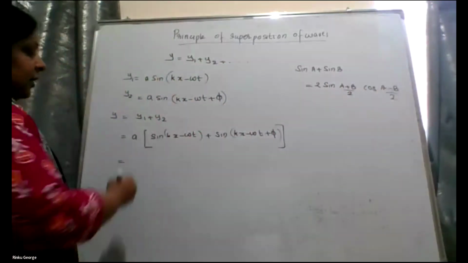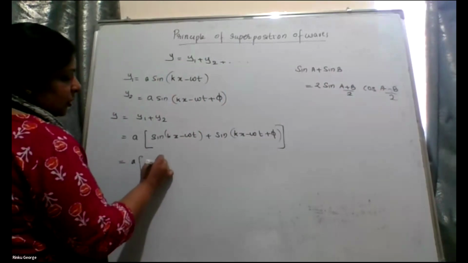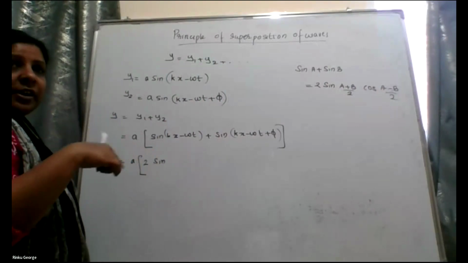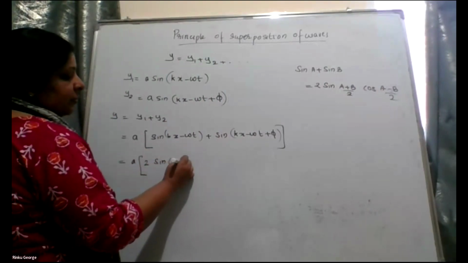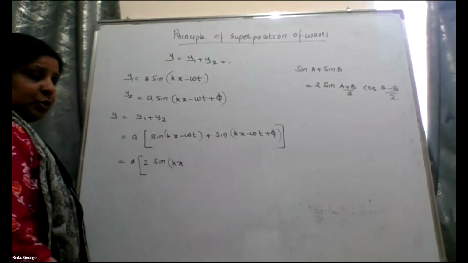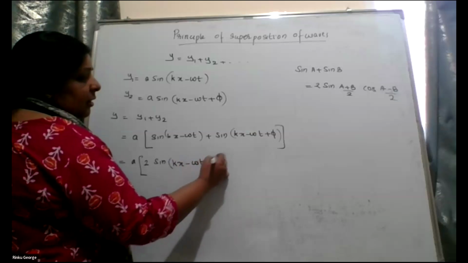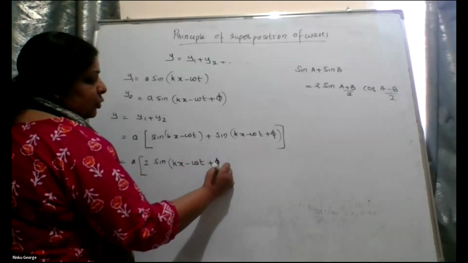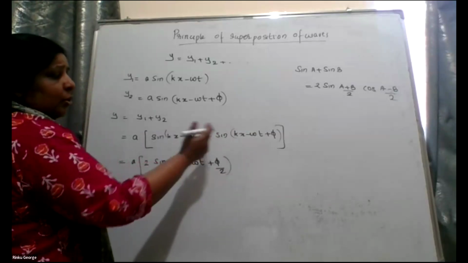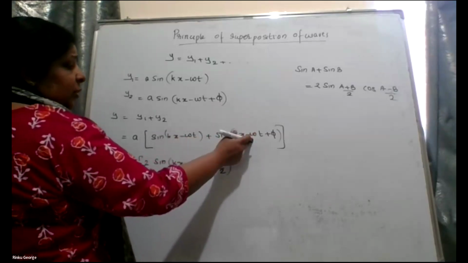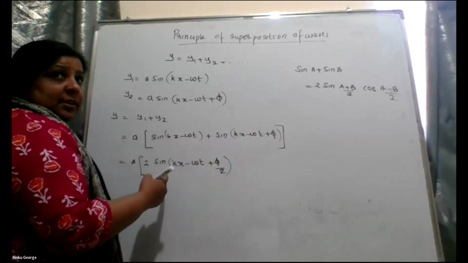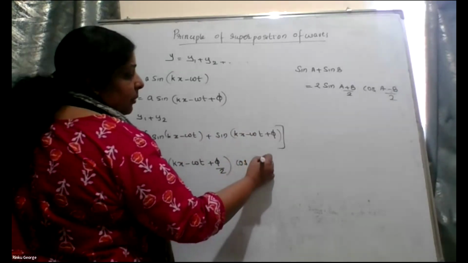So you'll apply that formula here. So a into 2 sine((A plus B) by 2): kx plus kx is 2kx, by 2 will come, so it will be just kx, and minus omega t minus omega t is minus 2 omega t, by 2 will come, so minus omega t plus phi by 2. Then cos((A minus B) by 2): kx minus kx is 0, minus omega t minus minus omega t is 0, and minus phi, whole by 2. For kx and omega t, the terms cancel, so cos of minus phi by 2.